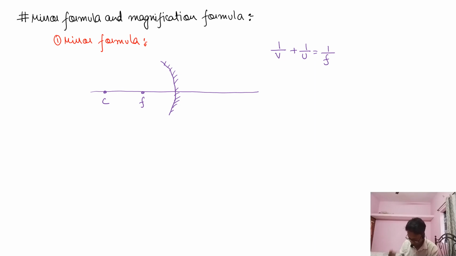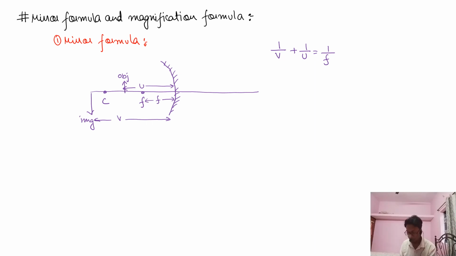Suppose there is an object here, and this object has an image somewhere here. v is the distance of image from the pole, u is the distance of object from the pole, and f is the distance of focus from the pole.